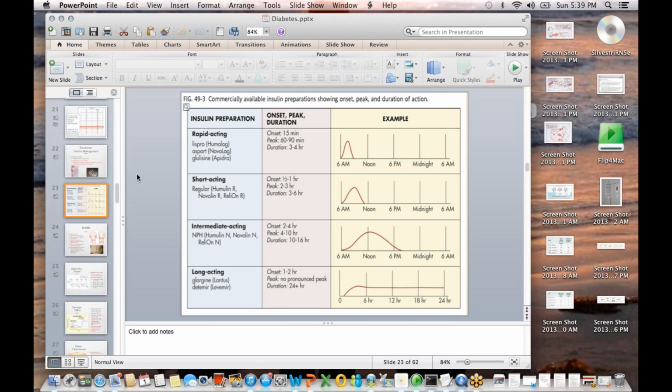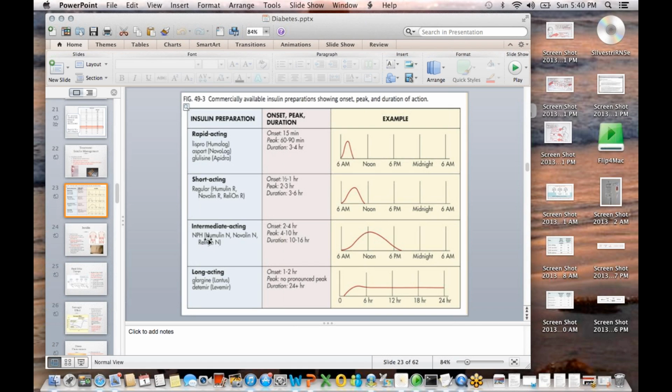Okay. And for this one here, this is your insulin. So we talked about insulin as a management required for type 1s, sometimes for type 2s. You have your rapid acting, short acting, intermediate acting, and long acting. Please understand your peaks and durations for them, and the indications for that.